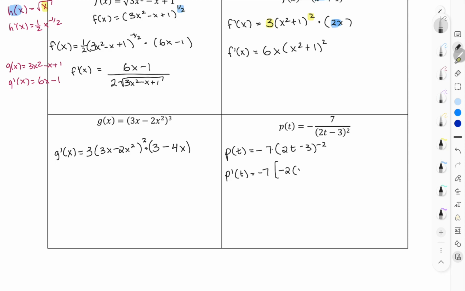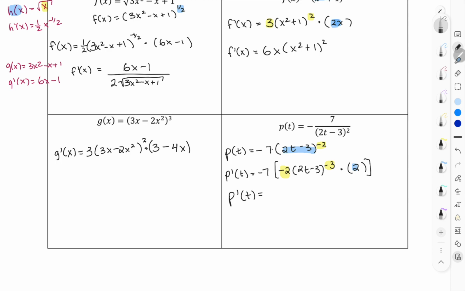So -2, leave the insides the same, drop the power by 1 to be a -3, then multiply by the derivative of that inside function there. And again, this is the result of taking that power rule, that outer function. This is the result of taking the derivative of that inner function.